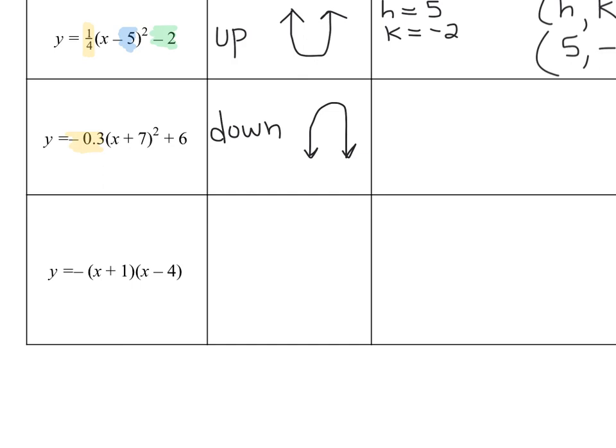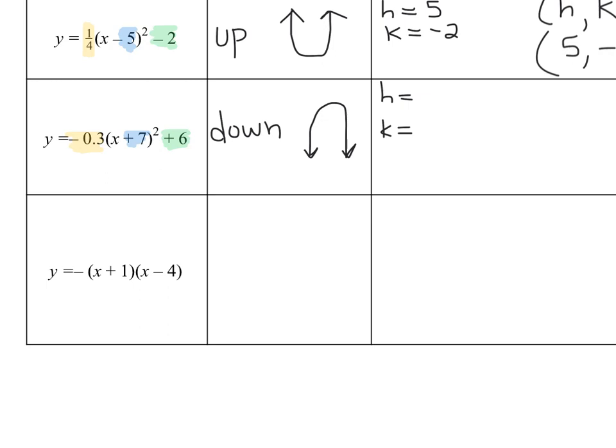Next, we're going to identify our vertex. And so we need to figure out our h value and our k value. Our h value is the value that's found inside the bracket, and our k value, again, is the number on the outside of that bracket or at the end of the equation.